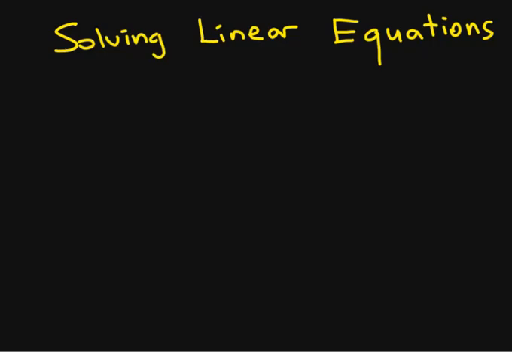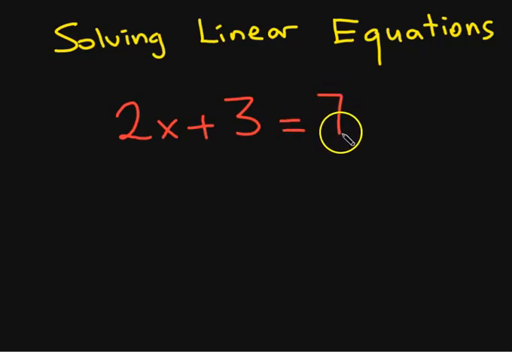So let's get started. Let's start with the description of a linear equation. A linear equation looks something like this: 2x plus 3 equals 7. Here the main goal is to find the value of x.